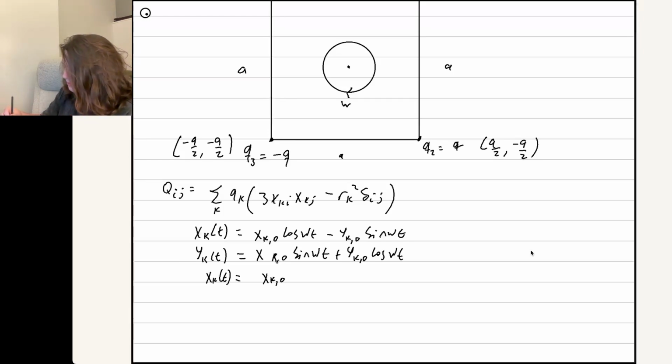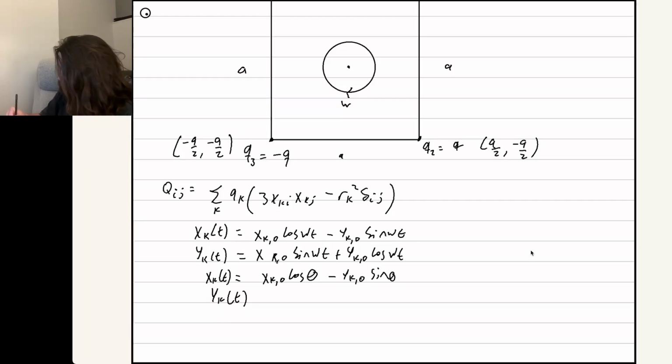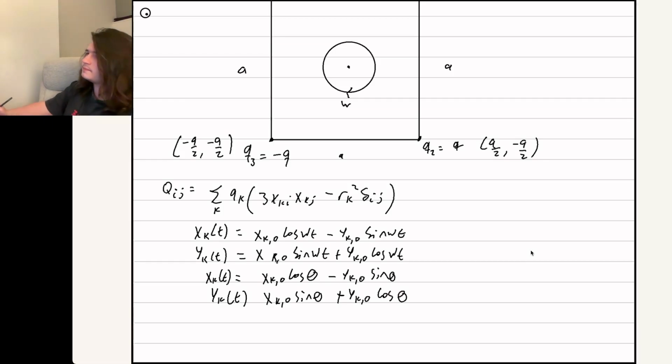So this frequency of the square rotating around is now just theta. And this is xk0 sine theta plus yk0 cosine theta.